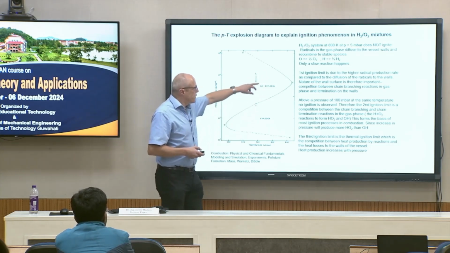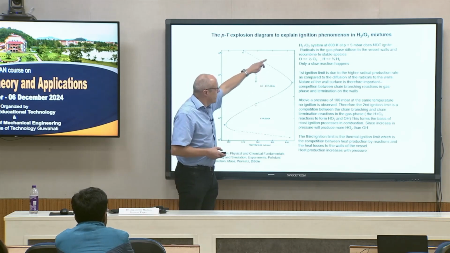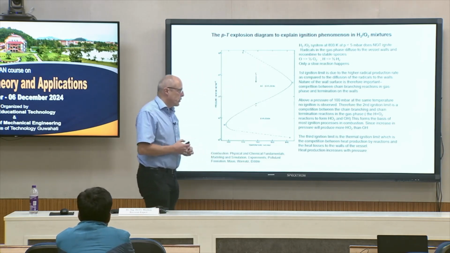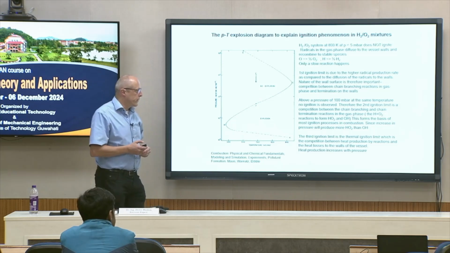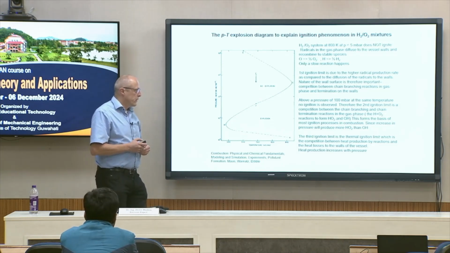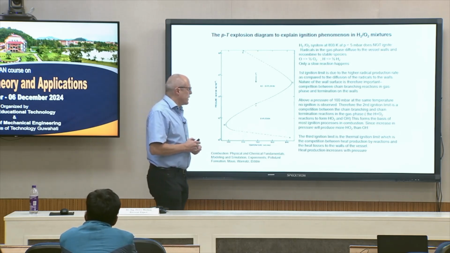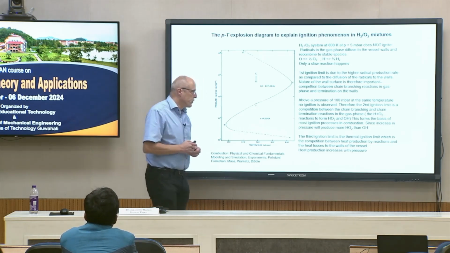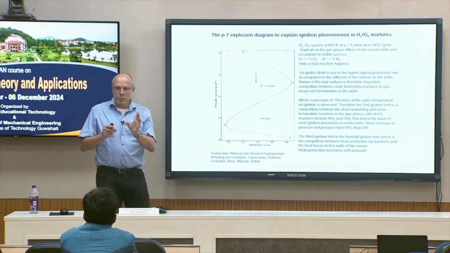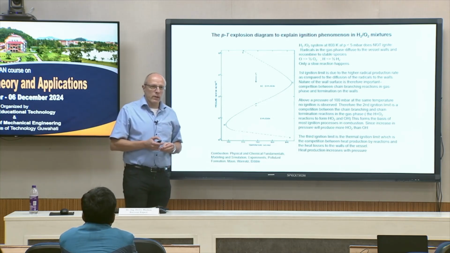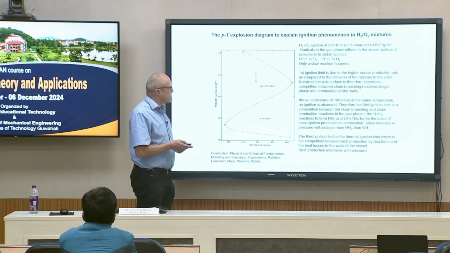And then if you increase pressure further, you come to the third limit, the thermal ignition limit. So here density is so high that you produce so much heat per volume that ignition always takes place.